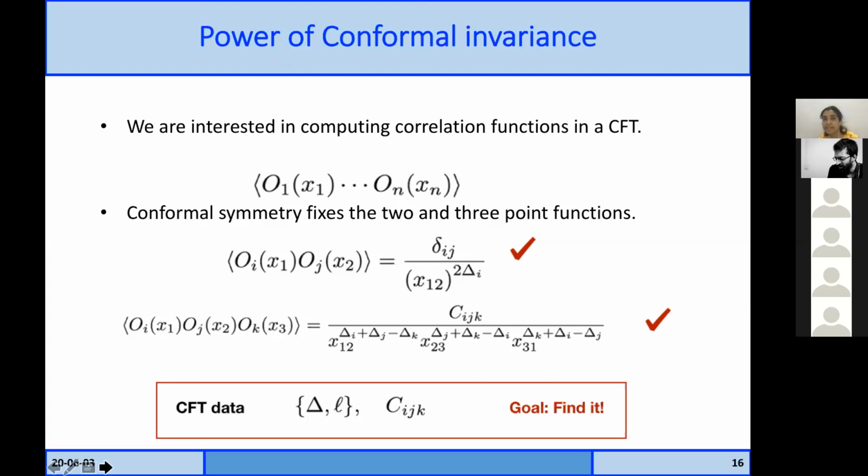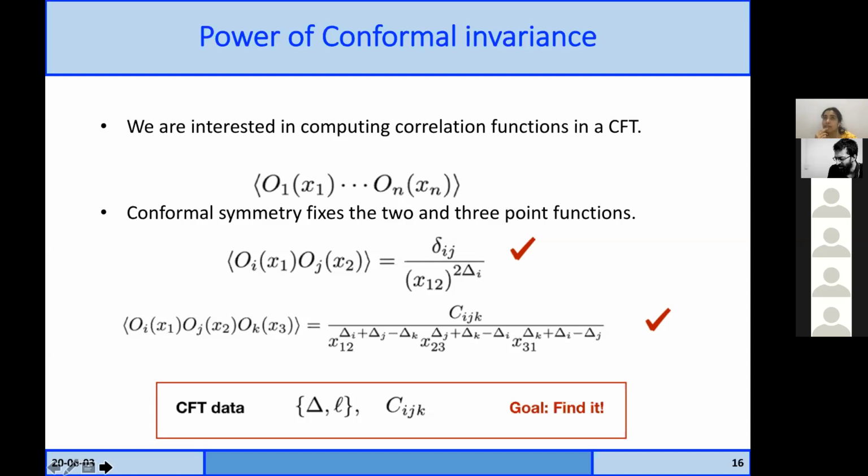So CFT data is not the input, only the spectrum is the input, and crossing symmetry. And you use that to determine the analytic structure of the correlation function?